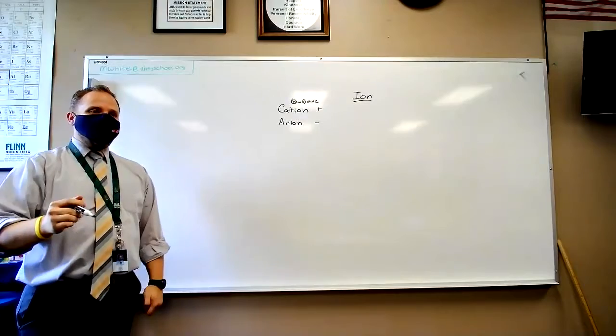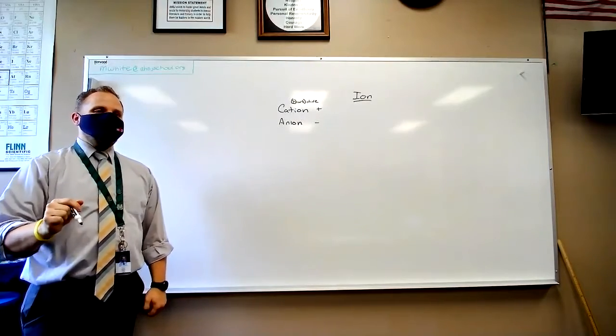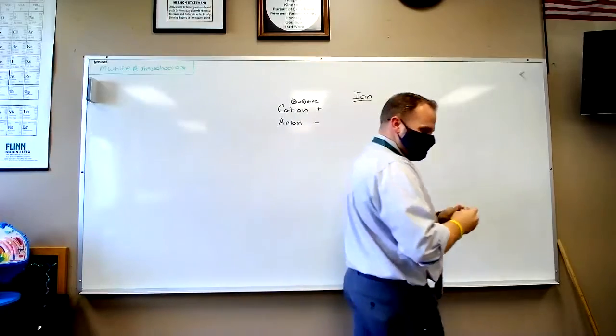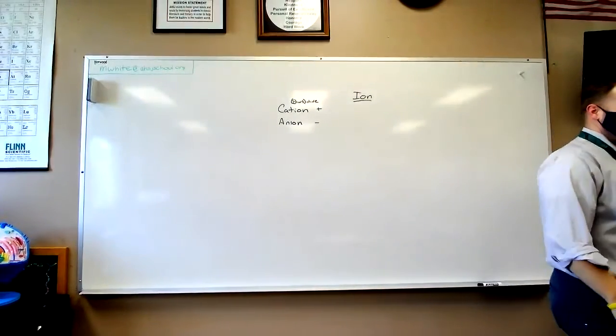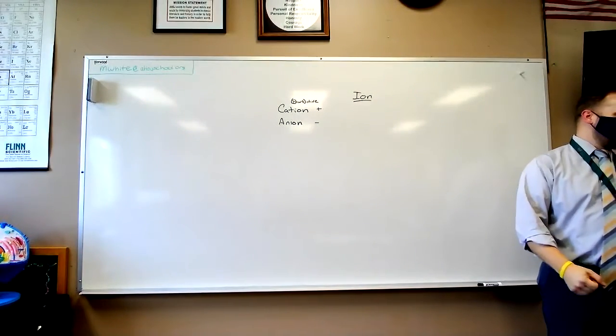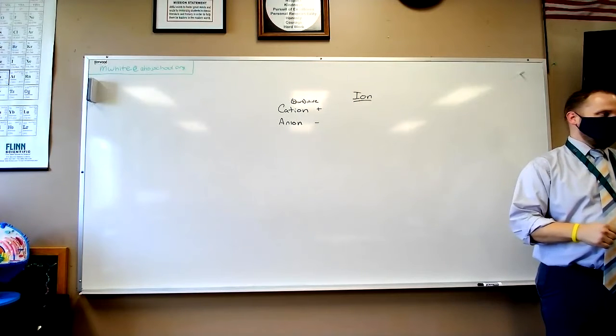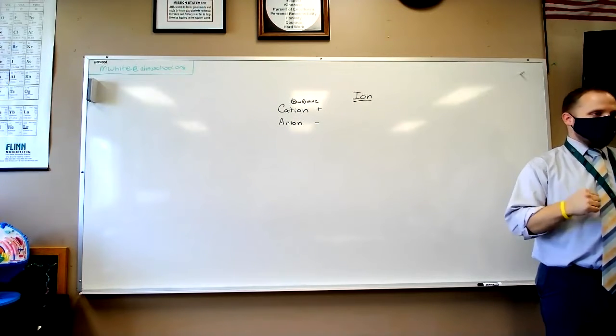It's super dumb, but you're going to remember it, aren't you? So, a cat has paws. Cation is positive. Super dumb, but it works.